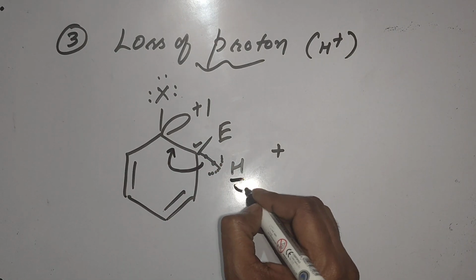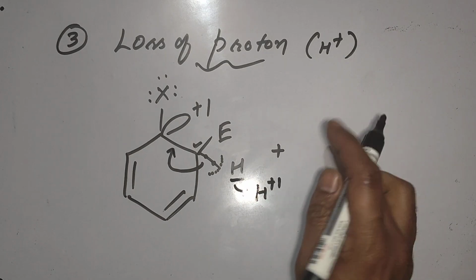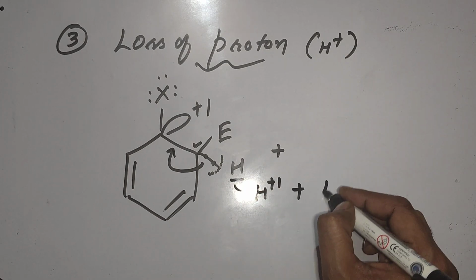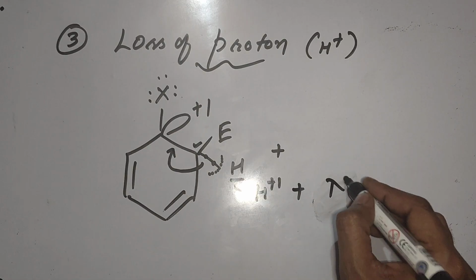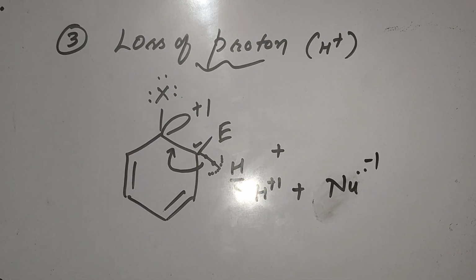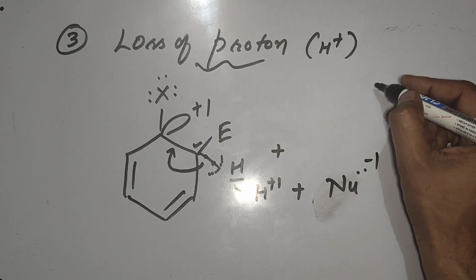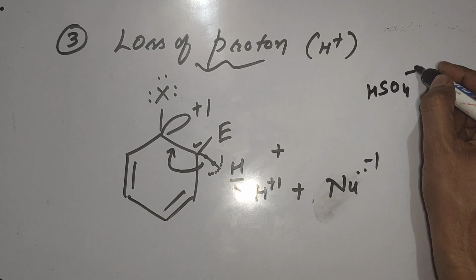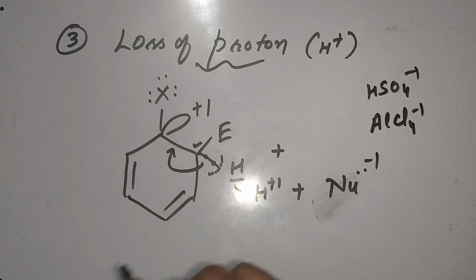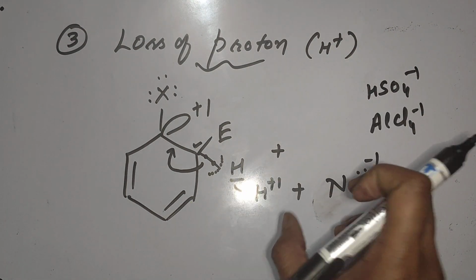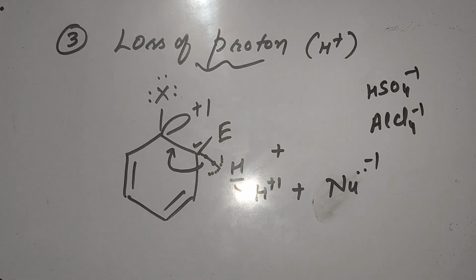And this hydrogen will release as H positive, and that H positive will be attacked by nucleophiles which were generated in the first step along with the electrophile, like HSO4 negative, AlCl4 negative, these particles.